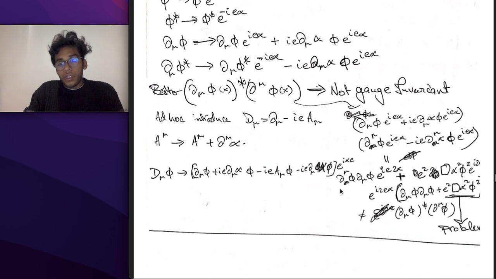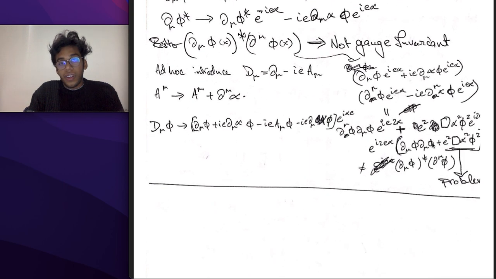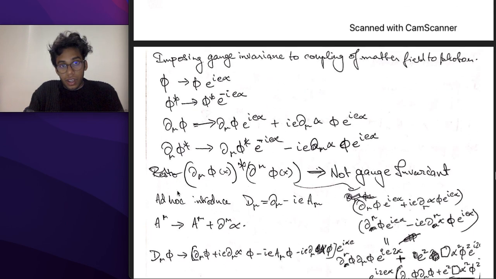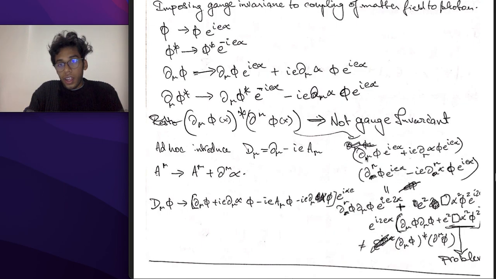And then we actually see that for your regular derivative, dou mu phi, there is no real way to make it gauge invariant.